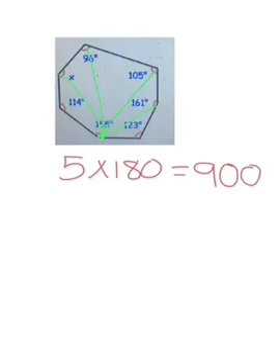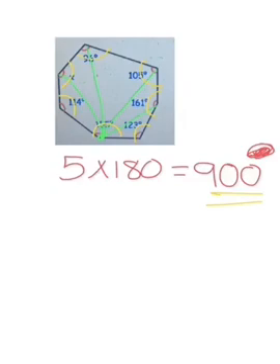degrees. Now what that's telling you, 900 degrees, is that all of the angles inside, so every single interior angle, 1, 2, 3, 4, 5, 6, 7, those 7 interior angles total 900.